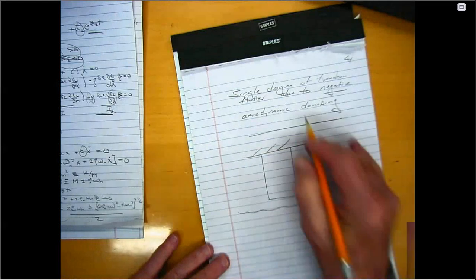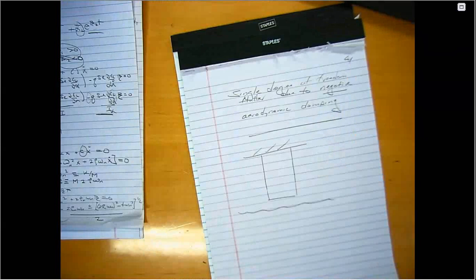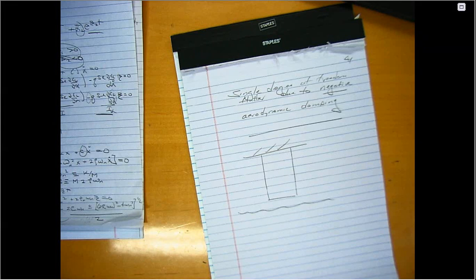Now, the single degree of freedom case allows us more or less to look at each mode individually, one at a time. And that's, I think, typically what is done in turbomachinery. Not always, but often. In airframes, there's another kind of flutter, which requires at least two modes. Otherwise, it doesn't happen.